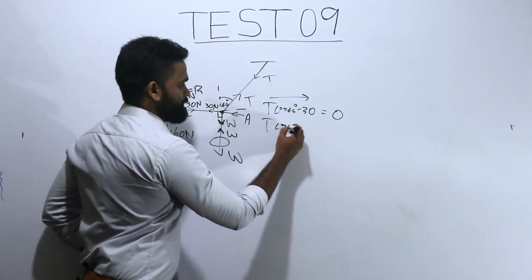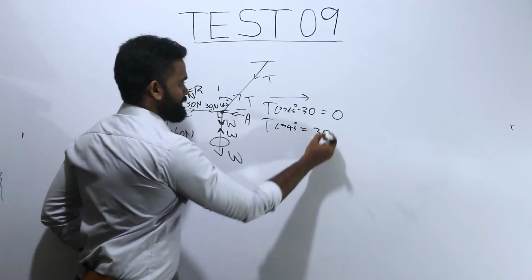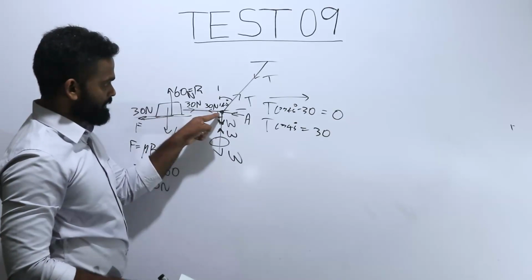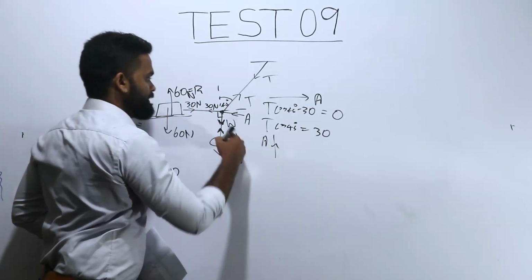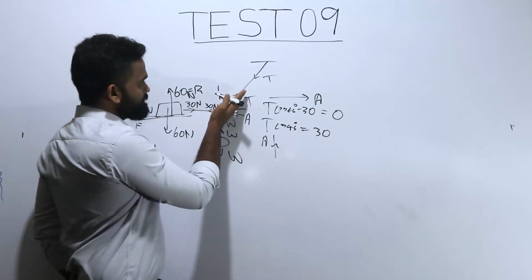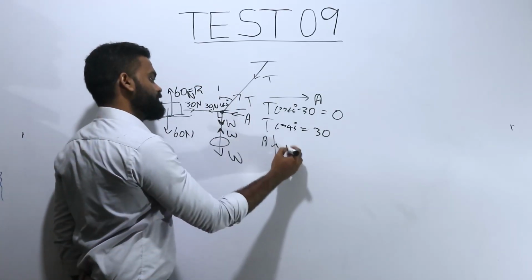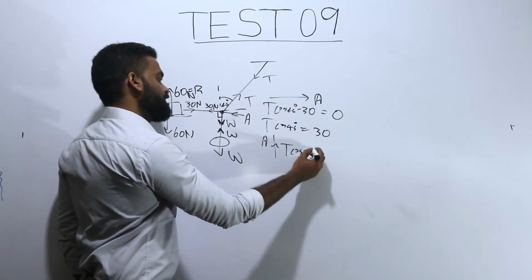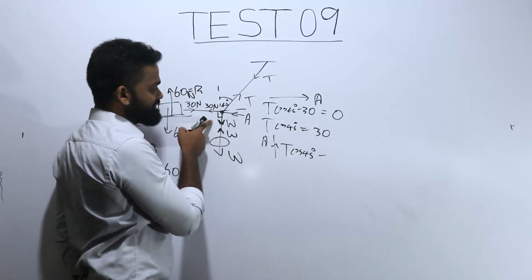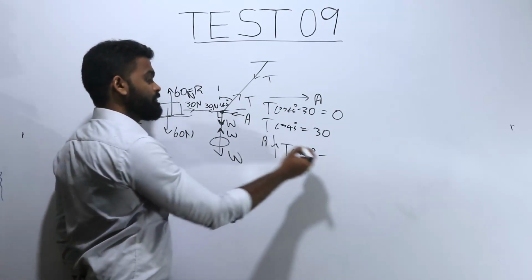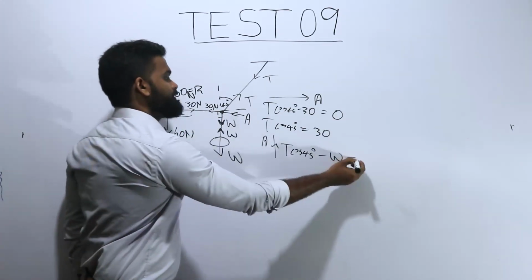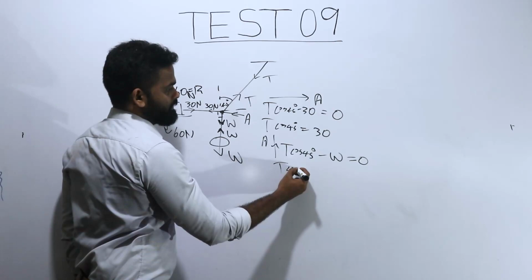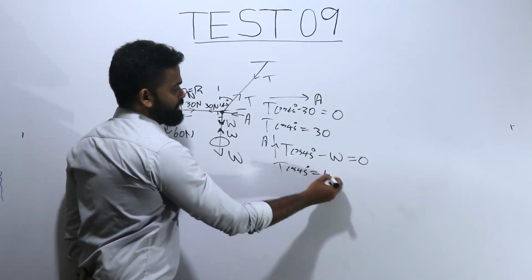So T cos 45 is equal to 30. Then vertically upwards, that is also T cos 45, right? Minus mg, in this case it is W, since the tension here is W, equals 0. Then T cos 45 is equal to W.